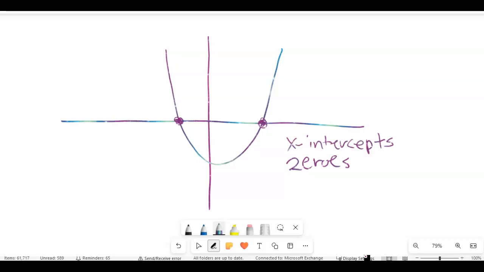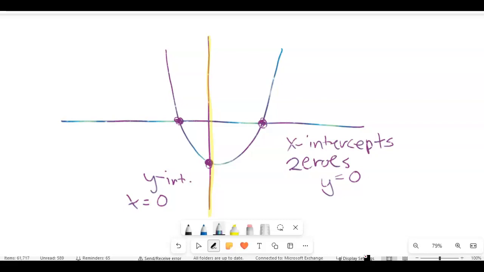It's not moving up or down off the x-axis, so y equals 0 there. And my y-intercept is where it crosses the y-axis here, right? It's that point right there where it crosses the y-axis, and that is where x equals 0. So the y-intercept is where x equals 0, and it crosses the graph.